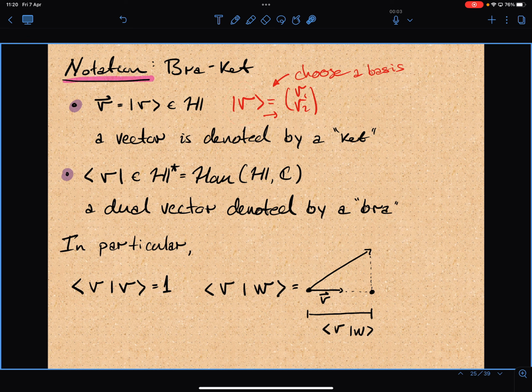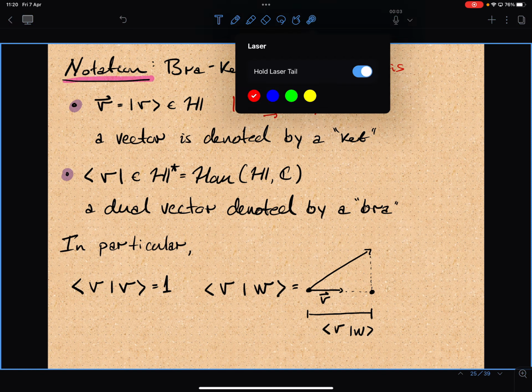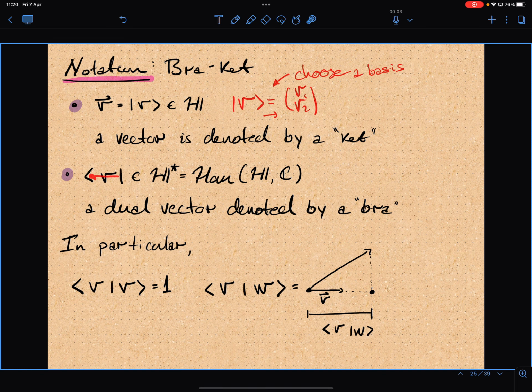And then if we have the arrow going the other way, this denotes a bra, which is a dual element of the ket vector. The way to think about this is that kets are going to be column vectors, and bras are going to be row vectors, again if you choose the same basis.